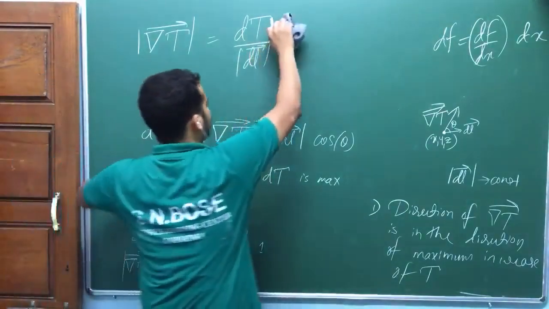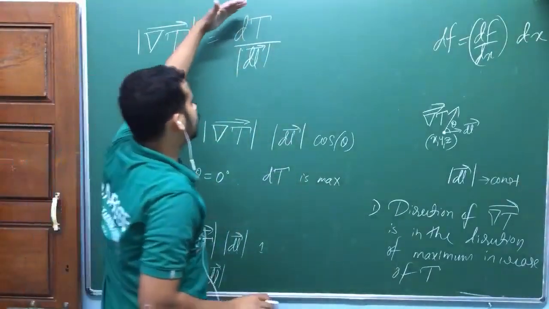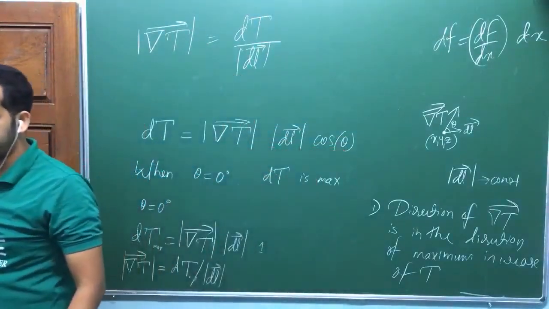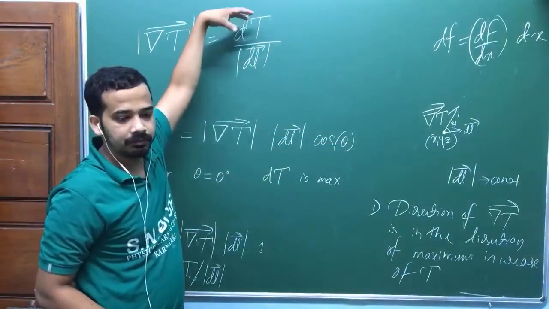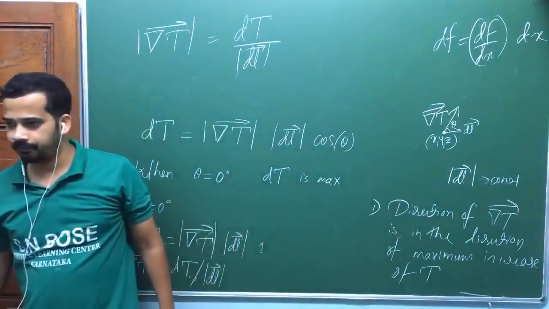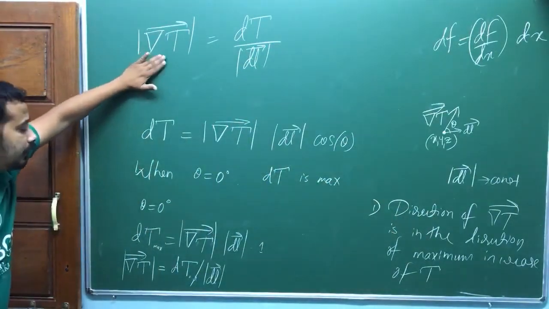As a total, if dT is maximum, dT by dl is also maximum, because we kept dl constant, isn't it? So that's why, what is the magnitude of the gradient?